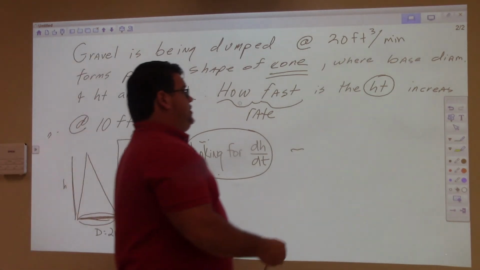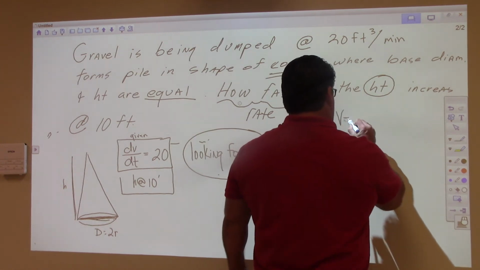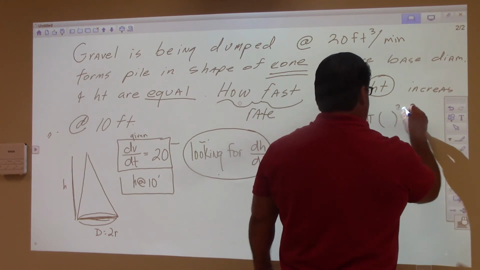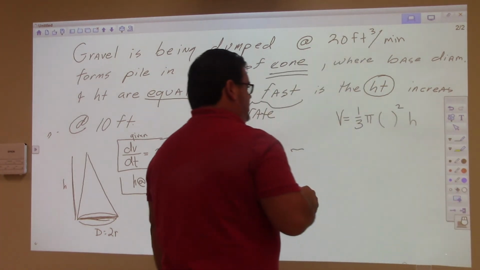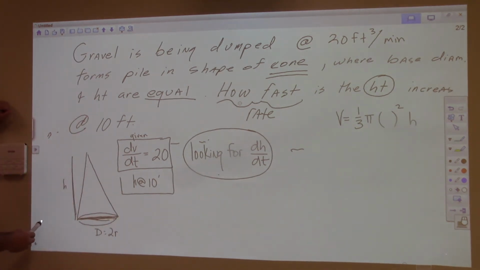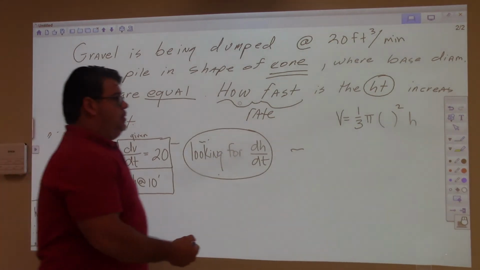So volume is equal to 1/3 pi (parentheses) squared H. And we got 1/2 right here. H is equal to 2R. Therefore, R is equal to H over 2, or 1/2 H. So 1/2 H would go here.